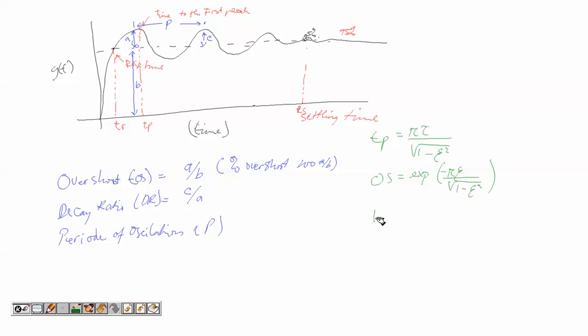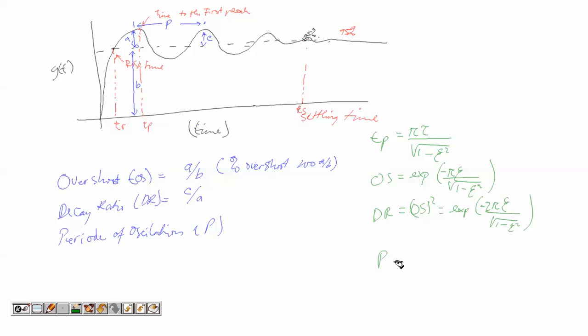And the decay ratio DR is OS squared, meaning the exponential of minus 2 pi zeta over the square root of 1 minus zeta squared.